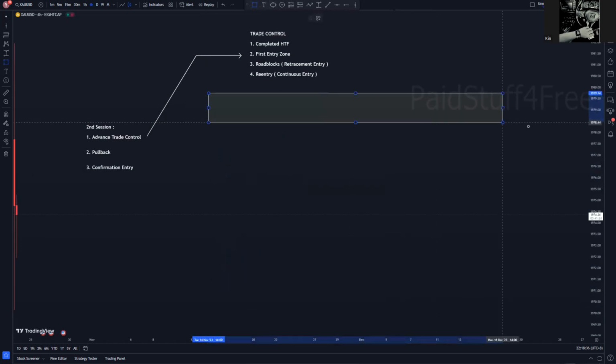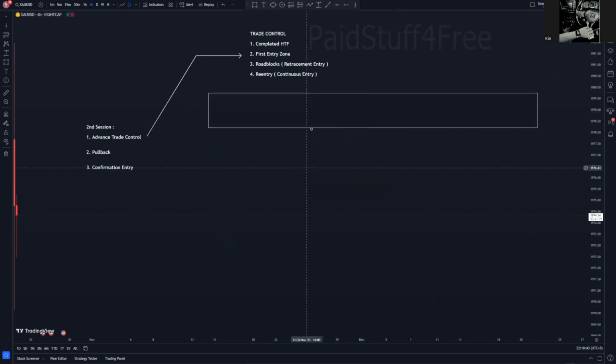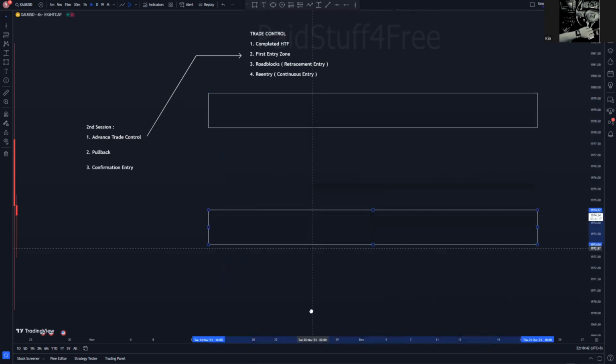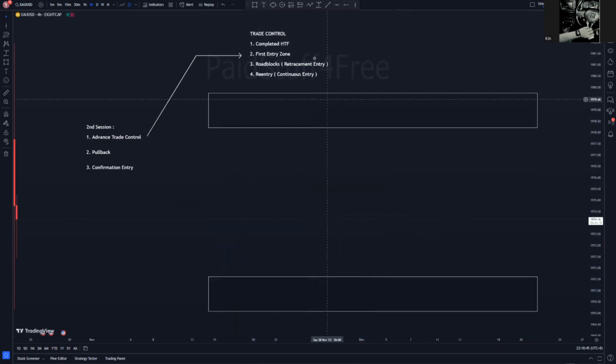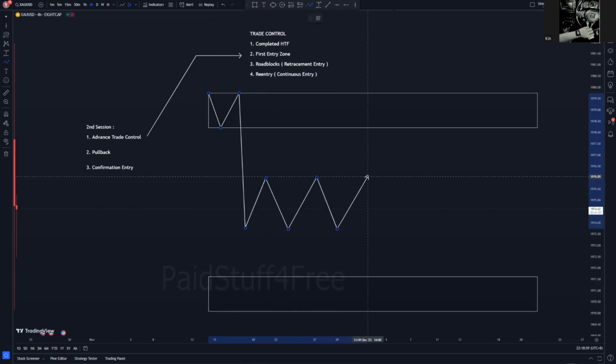So look over here. For example, you have this engulfing sell on H4, and at the same time you have this engulfing buy on the H4, right? So let me mark this engulfing sell first. And when the price gets into the zone, okay.